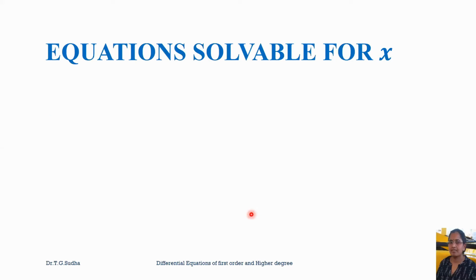Now let us solve some examples. First example, solve y is equal to 2px plus y square into p cube. Here we can observe that x is linear and it is the only term which contains x, whereas y is quadratic as well as p is cubic.